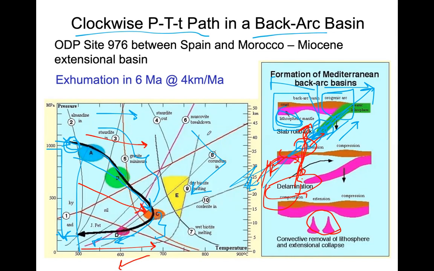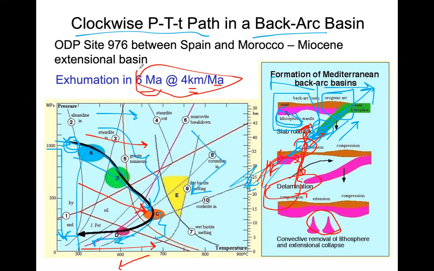Okay, so this is another example, and they may have measured the time also, right? So they have found that within 6 million years, 4 kilometers per million years has exhumed, right?